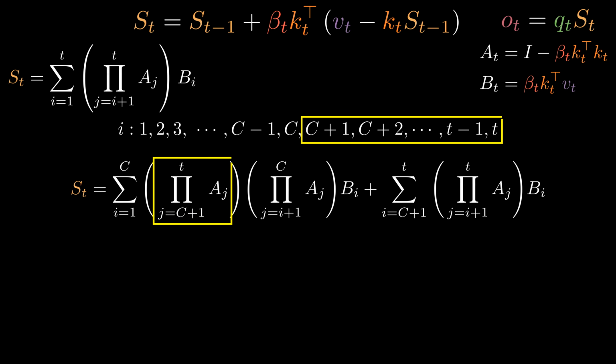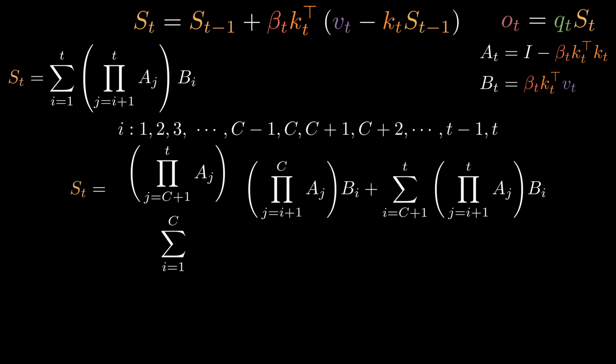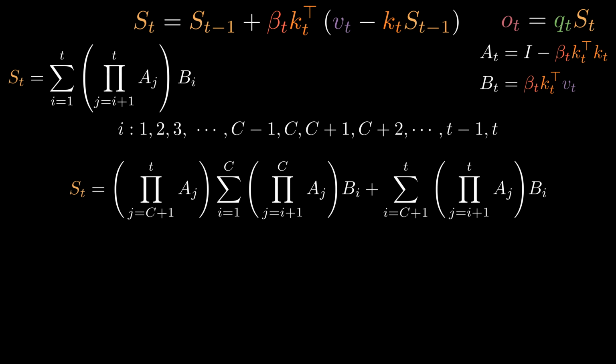This part corresponds to C plus 1 to t, and this part corresponds to the terms from the first chunk. We see that this term does not depend on the index i, and therefore can be factored out from the summation. Now let's pay attention to this part.